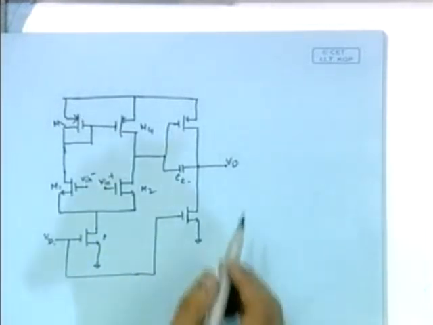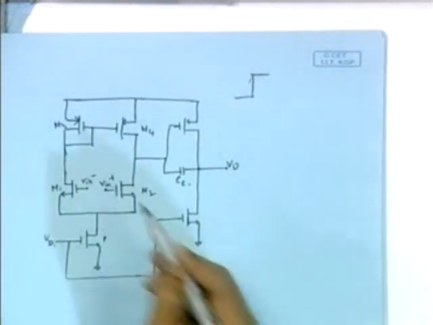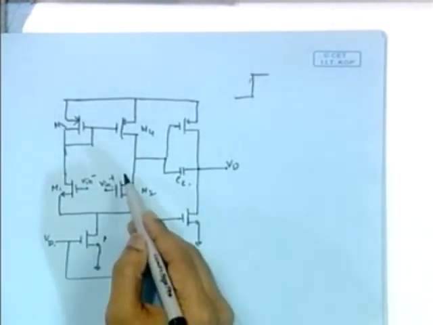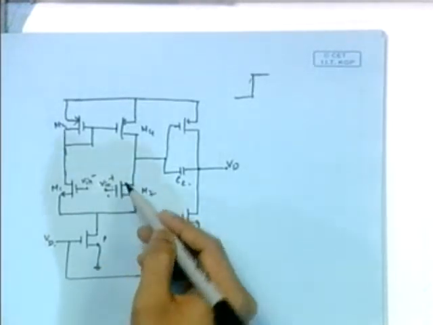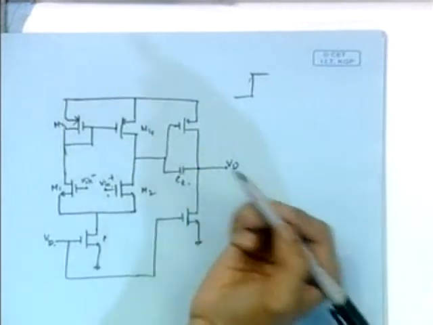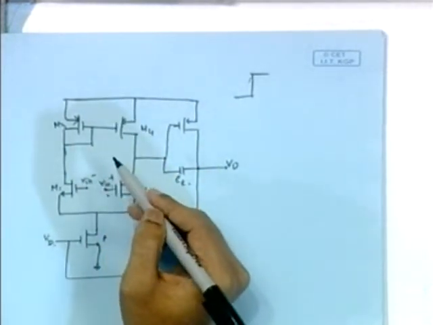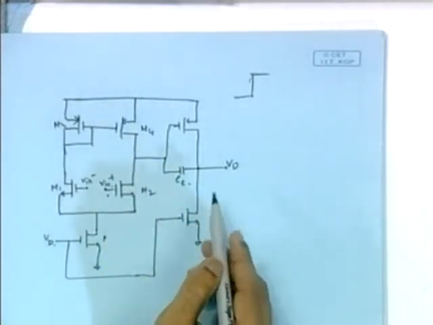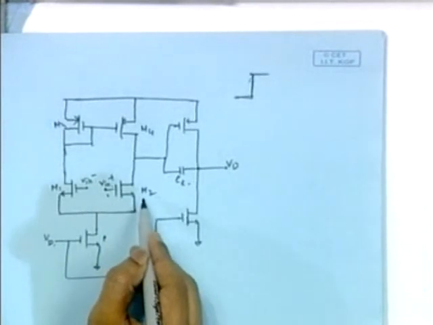Say we have given a step input at the terminal V in plus. Initially M2 is off, M4 is off, and M3, M1, all four of them are off. Now if we give a high input at the gate of M2, it gets on.